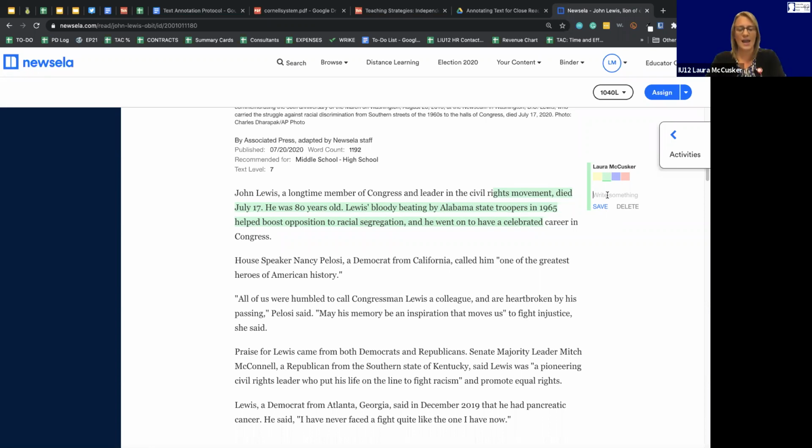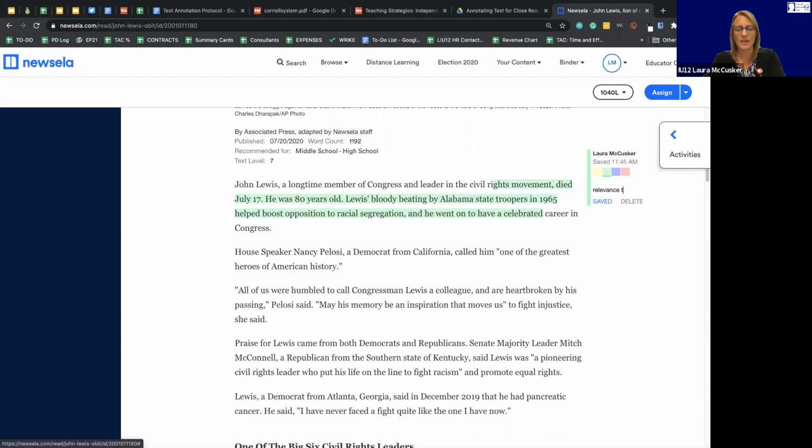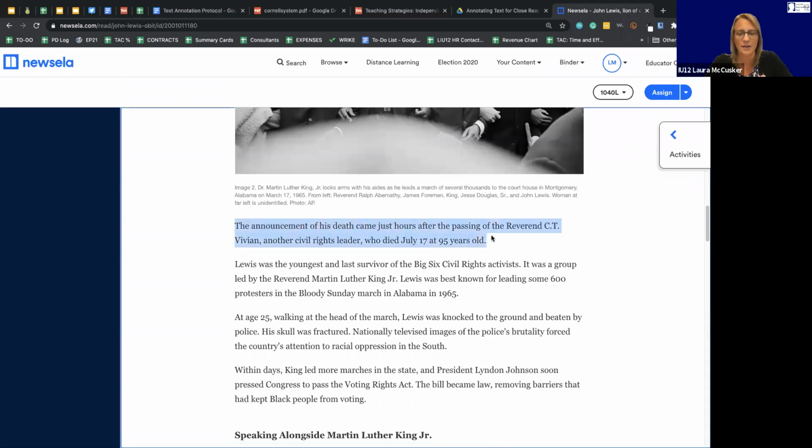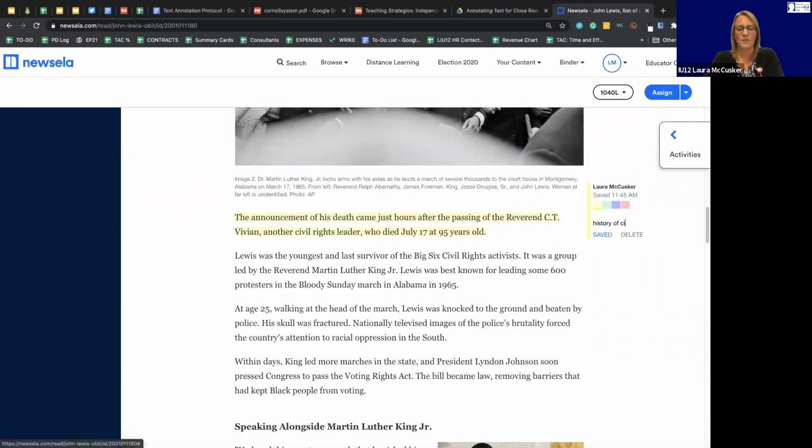And so I can say, this is about John Lewis's relevance to our current context. Save. Maybe my teacher will assign for me different colors, different things to highlight. Here, history of civil rights injustices, right?